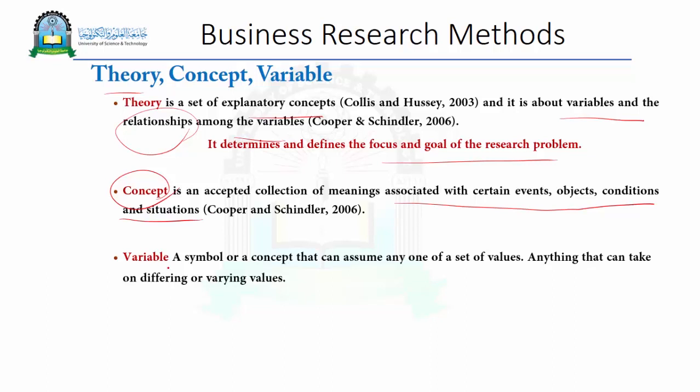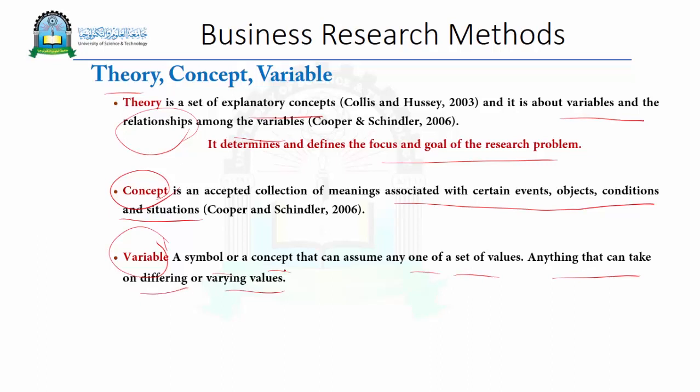The variable is another term related to the concept, and it is a simple concept that can assume any one of a set of values, anything that can take on differing or varying values.